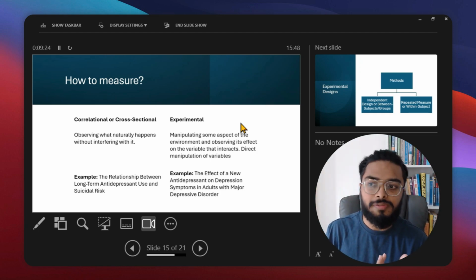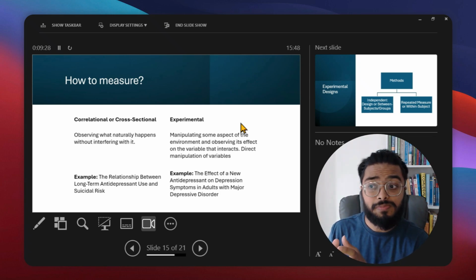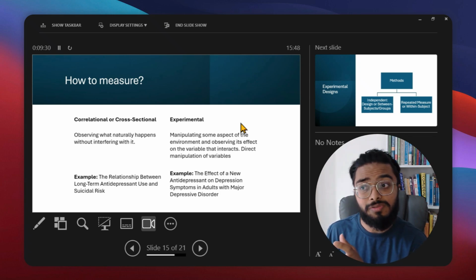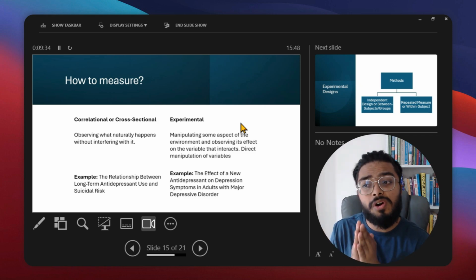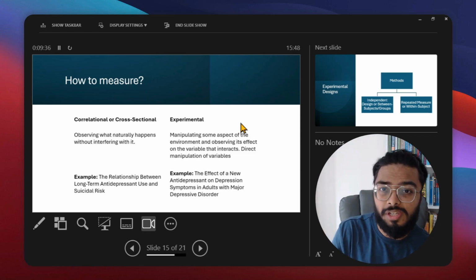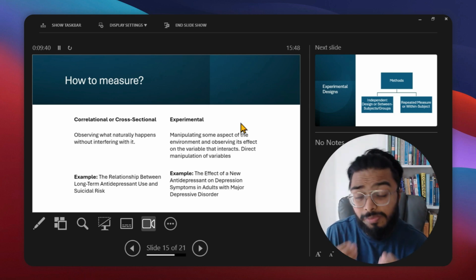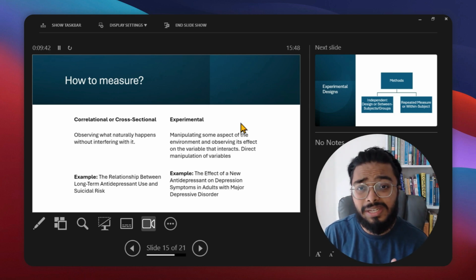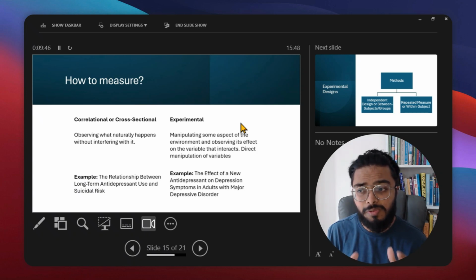And as you might have imagined, in the cross-sectional or correlational method of collecting data, we do not manipulate anything, we do not change anything, we just observe what's happening in the world around us. We are just collecting some data and not manipulating anything.